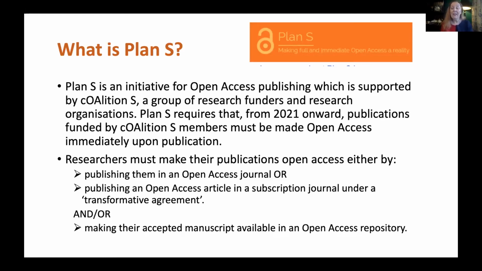In a nutshell, researchers must make their publications open access either through publishing them in an open access journal, so they're born open access, or publishing an open access article in a subscription journal that's under what's known as a transformative agreement. And we'll talk about that a little later. Or make their manuscript available in an open access repository such as Tara.